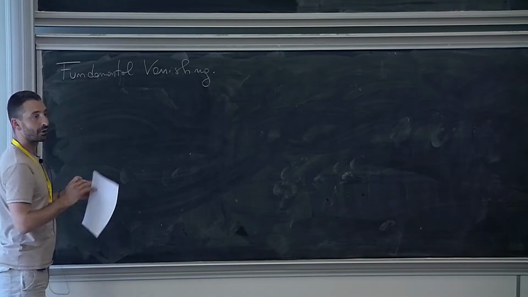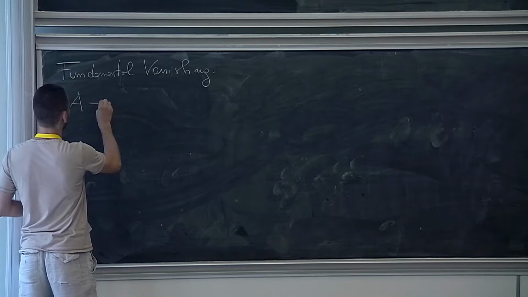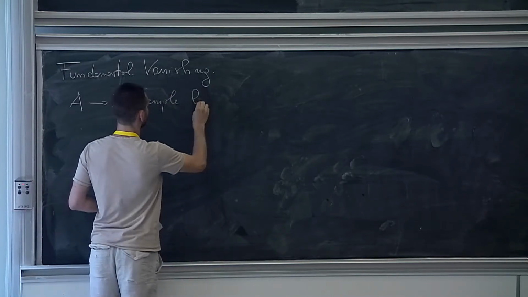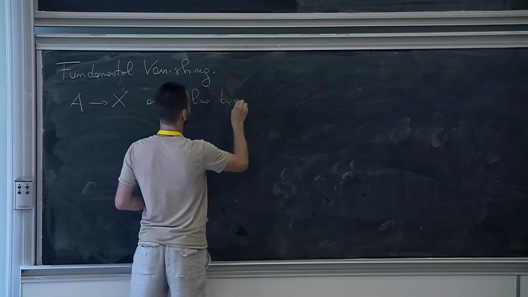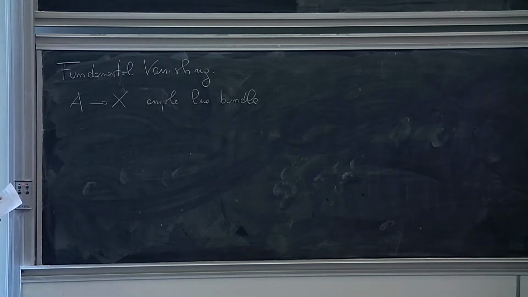So suppose your compact manifold X is projective, and fix some ample line bundle A on X, or positive if you want.